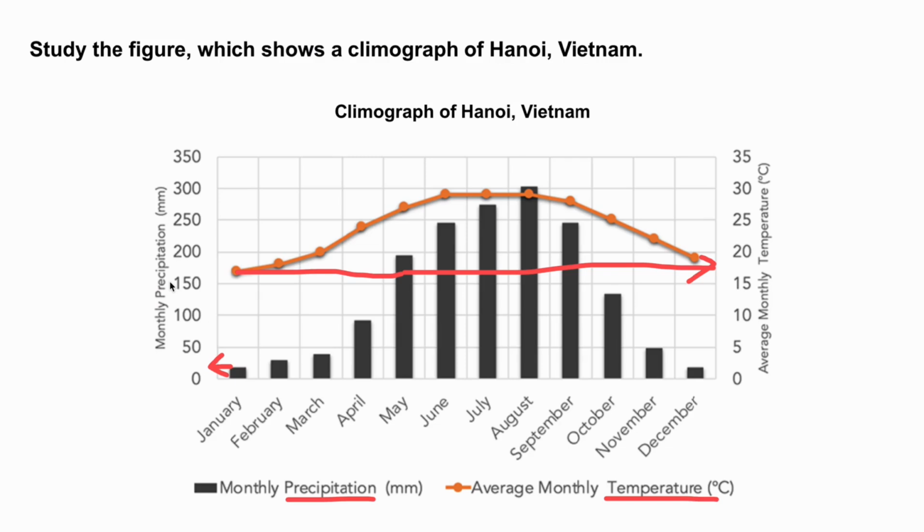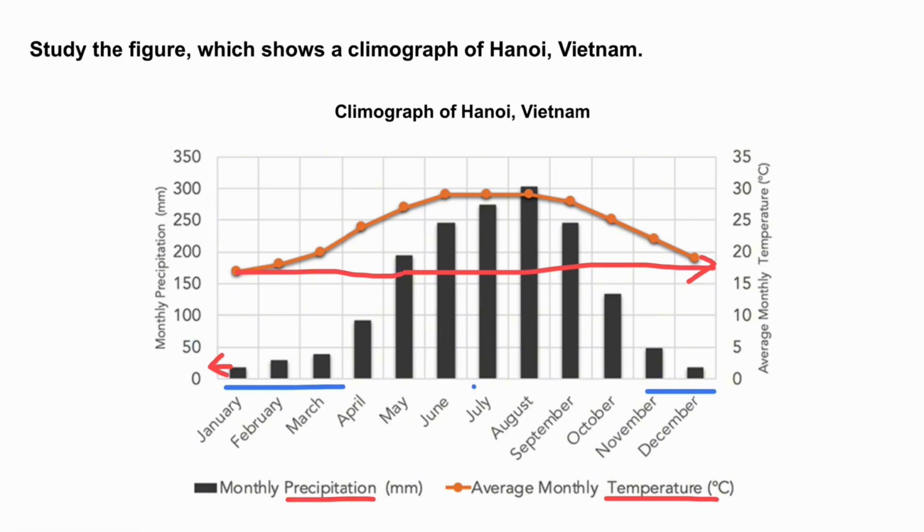Beyond that, how do I start describing the graph? You will notice that for this graph here, there are months with very low precipitation. Let me mark this in blue here. You see January, February, March, November, December. These are months of less than 50 mm of precipitation, so low rainfall.